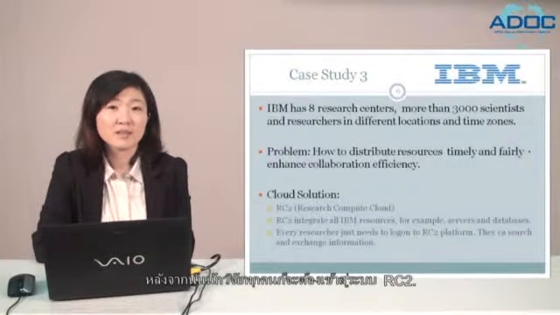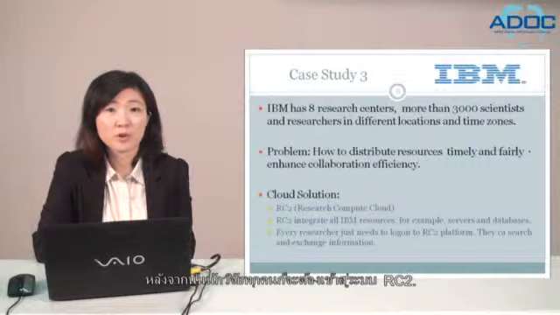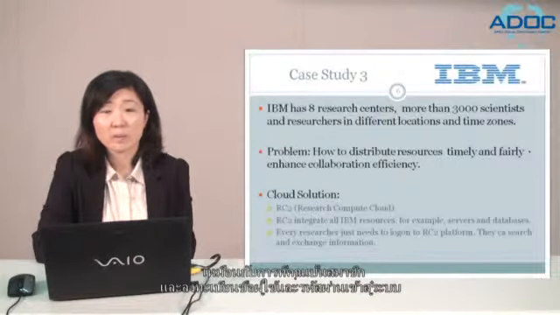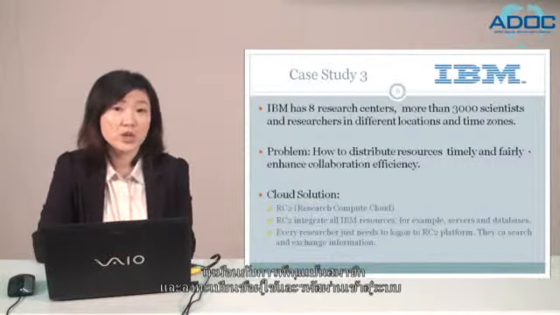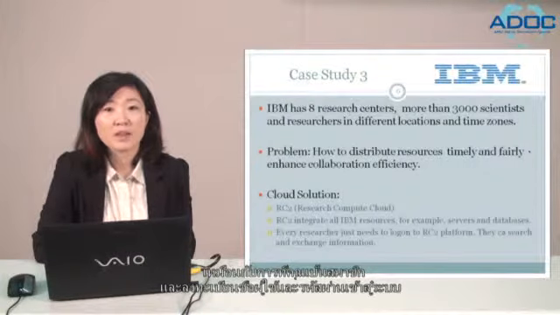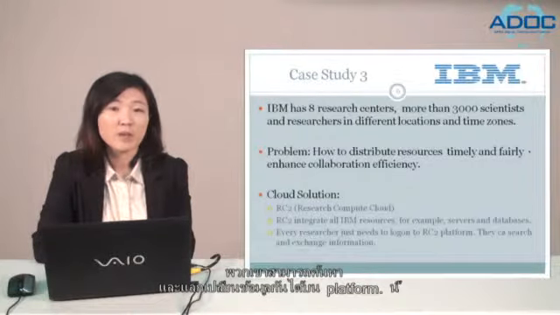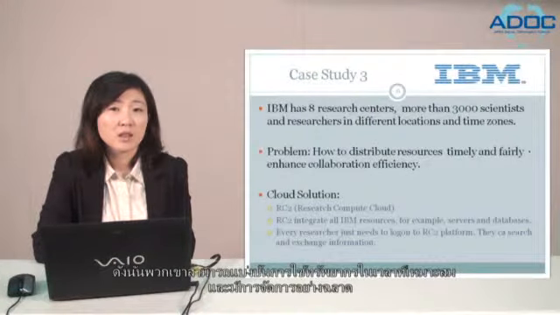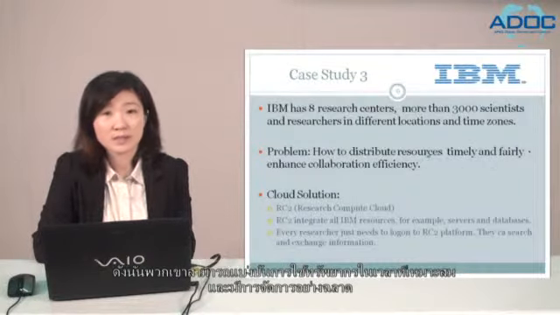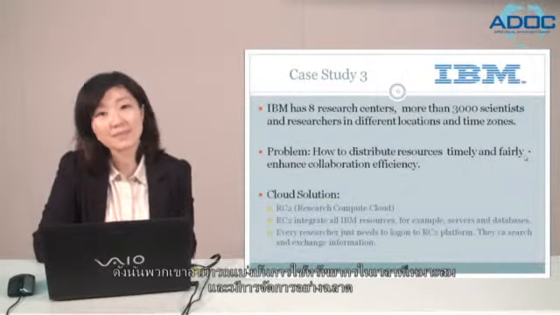And then every researcher just needs to log on to the RC2 platform, just like you are a member and you use your user ID and password to log on to that platform, and they can search and exchange information on the platform. Therefore, they can share all the resources timely and fairly.